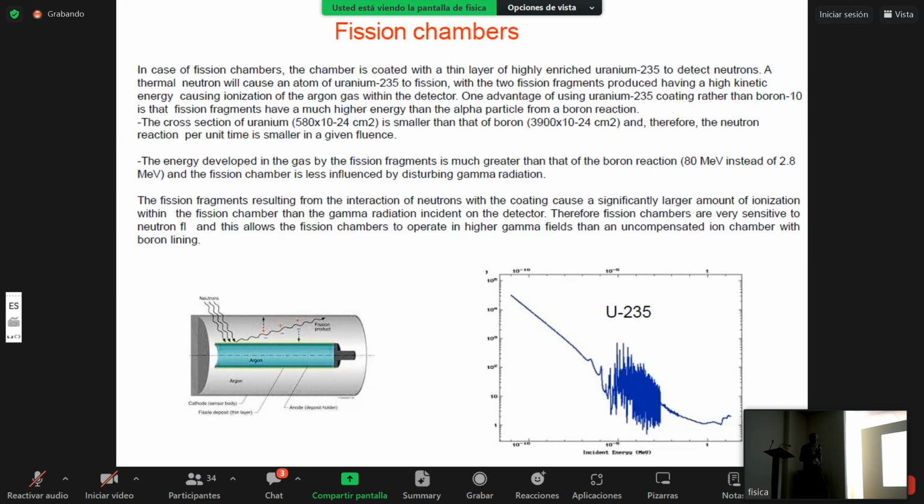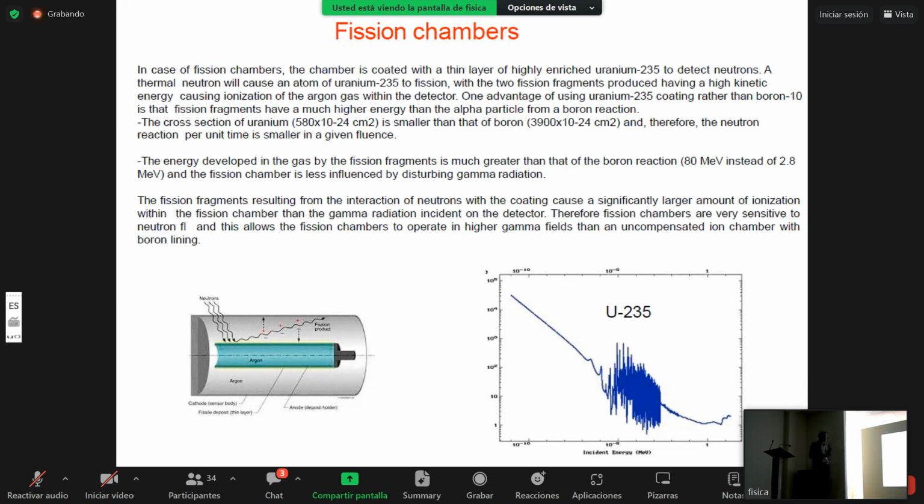And these fission fragments are charged and can ionize matter. The total energy of these fragments is 160 MeV. If you have 2 fragments, you divide by 2, and you get 80 MeV.